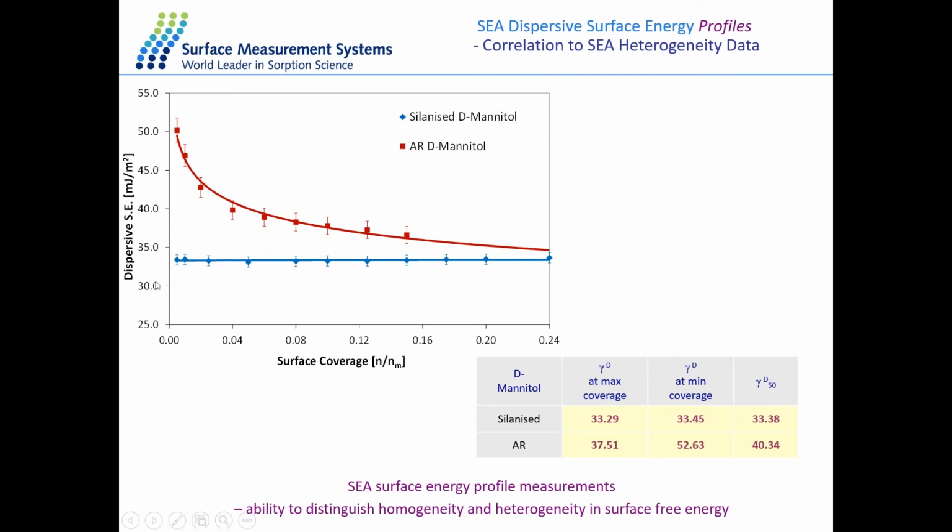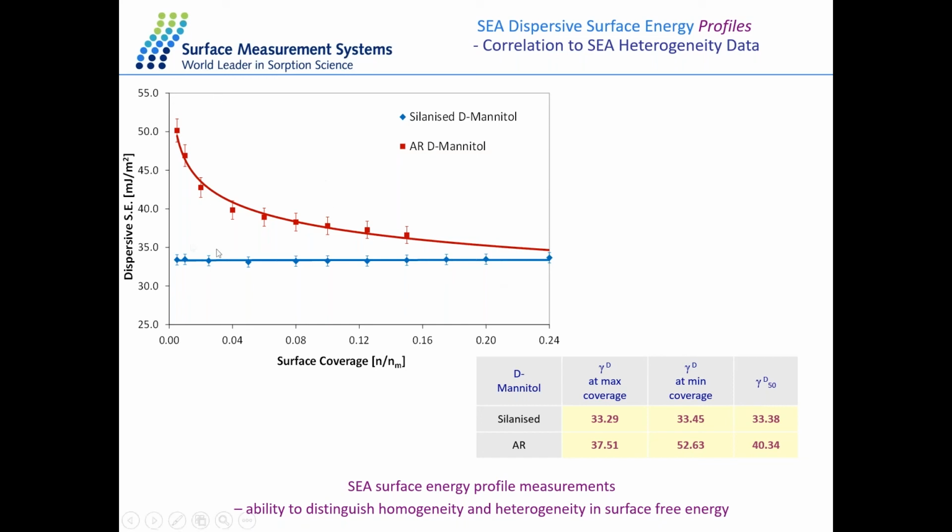However, when we start to silanize a sample, the silanization causes the material to be a lot more homogeneous. So these sites may now be blocked. In this case, we have a much lower dispersive surface energy. And also, the shape of the profile is an indication of how homogeneous or heterogeneous the surface of the sample is.